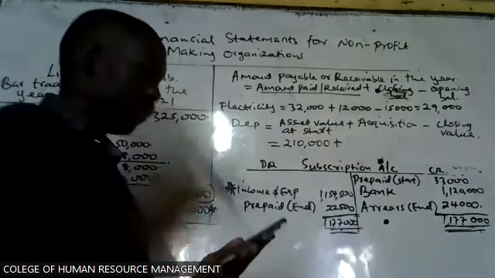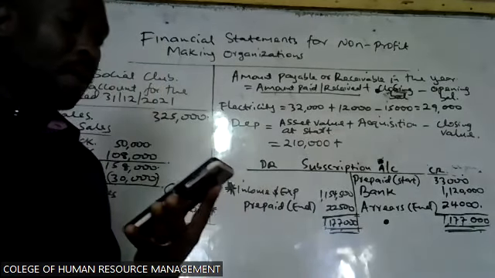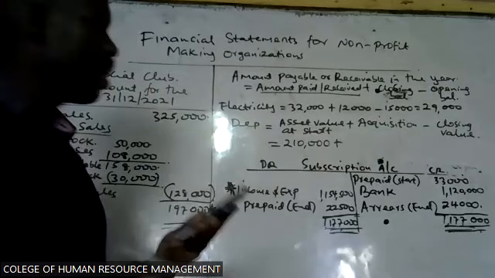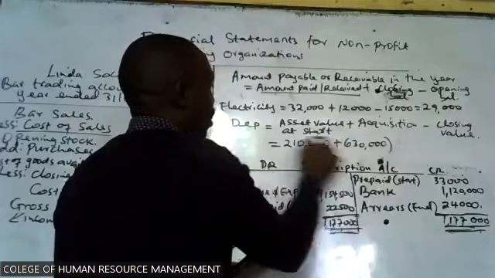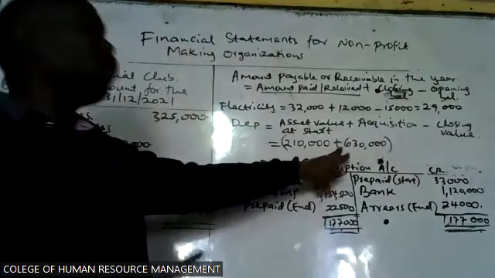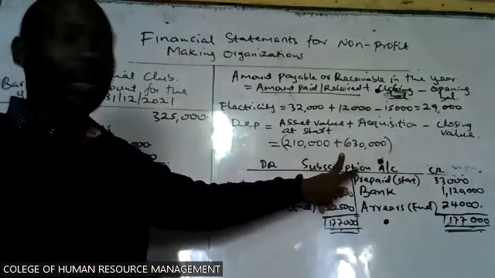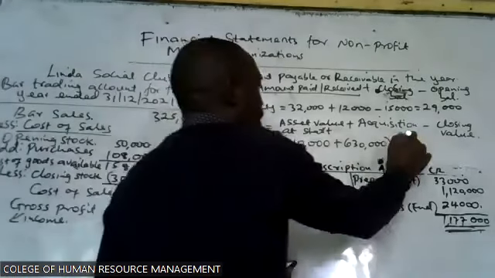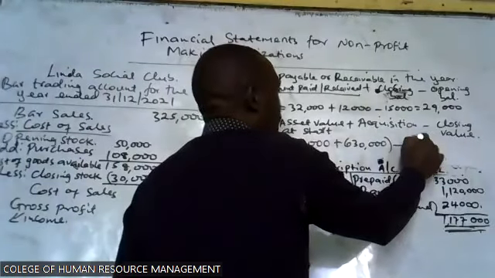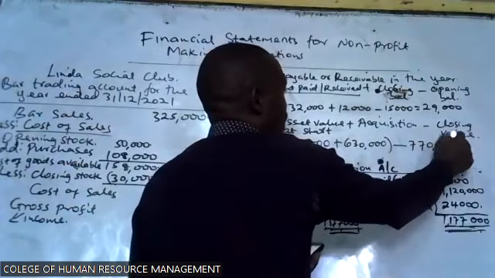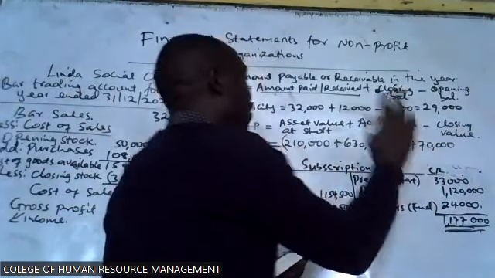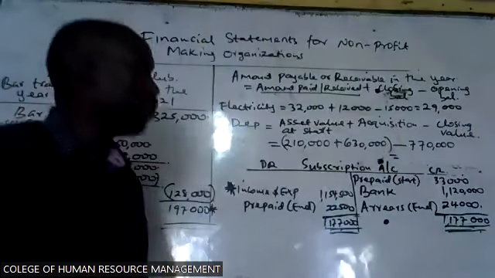Then during the year, on the payment side, there is equipment that we acquired for 630,000. Then you minus the closing value, which is 770,000.